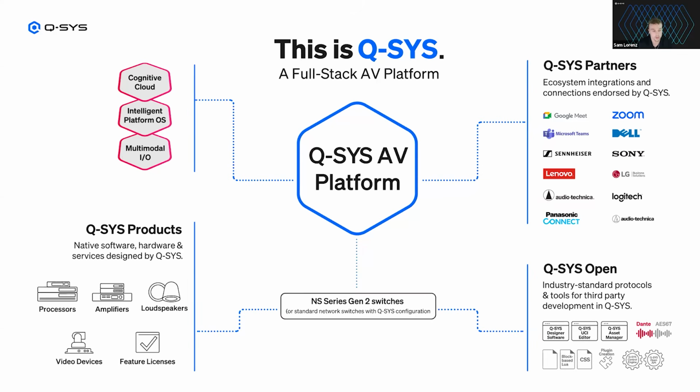The multimodal I/O, so that would be all of our endpoint products, whether that's a core processor that runs our systems, any of our amplifiers, which we have analog and networked amplifier options, our loudspeakers, also networked and analog, our video devices, such as our NV devices that we're talking about today, and then also our network cameras, and then licenses that go along with it and expand certain functionalities for certain endpoints through extra feature licenses.